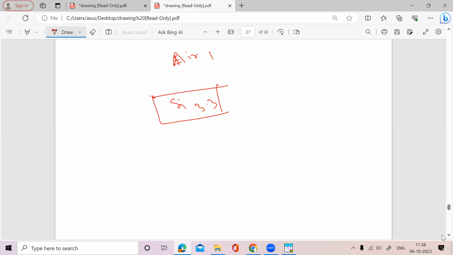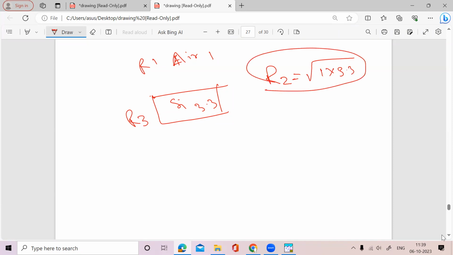So between 1 and 3.3 you have to deposit a material whose refractive index must be in this range. What is the formula? Suppose air is n1, silicon is n3, and the refractive index I want between these two is n2. It will be the root of 1 times 3.3, like that.